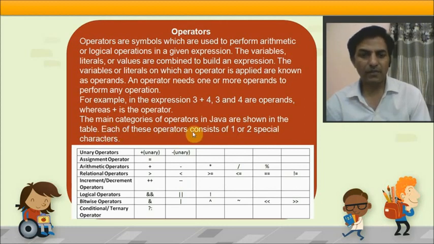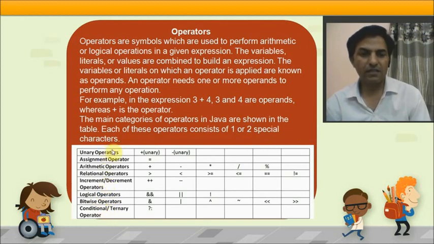Each of these operators consists of one or two special characters. The different types of operators are unary operator, assignment operator, arithmetic operator, relational operator, increment or decrement operators, logical operators, bitwise operators, conditional or ternary operator.